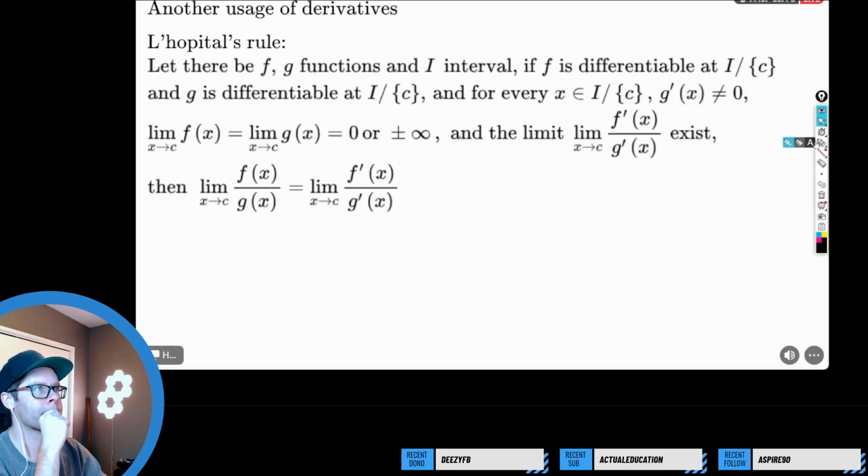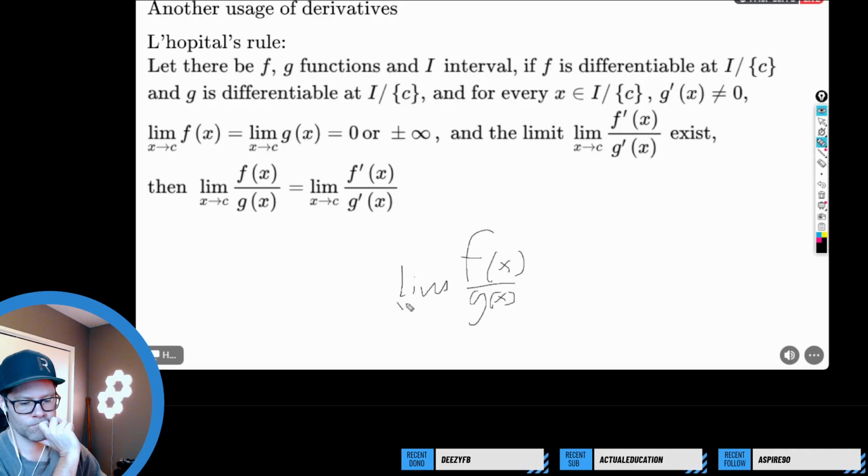So this is L'Hopital's rule, but the idea is that if we have two functions and we take their limit, and both of them are, for example, 0, so we get 0 divided by 0, we don't actually know how to compute it.